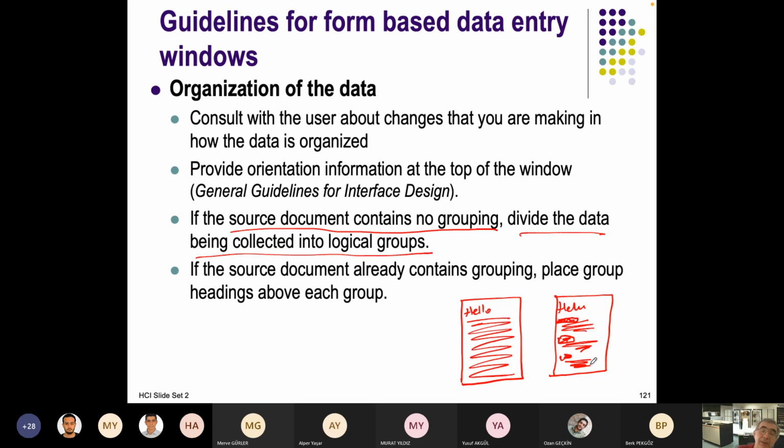Similar principle applies for forms. If the paper document has one continuous list, fine, but if it is on the computer screen, grouping helps.